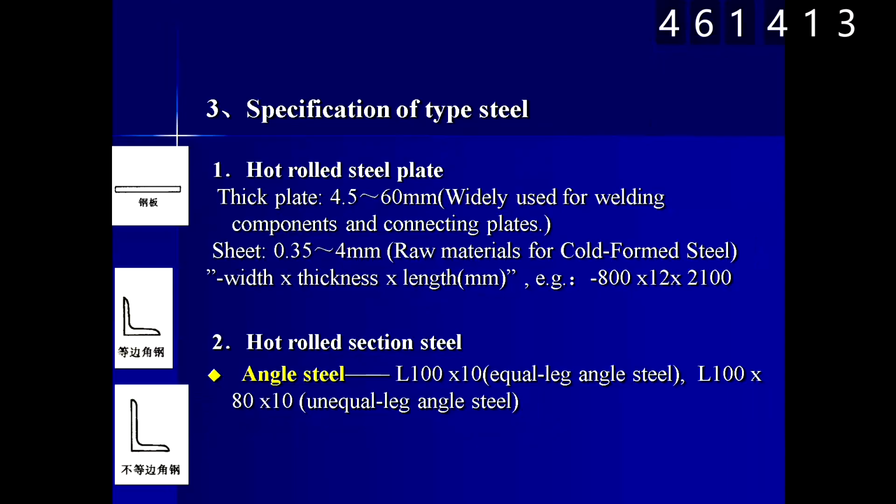And then we also have the unequal leg angle steel. We mark it as L100×80×10. You can see the long side is 100, the short side is 80. The thickness is 10.